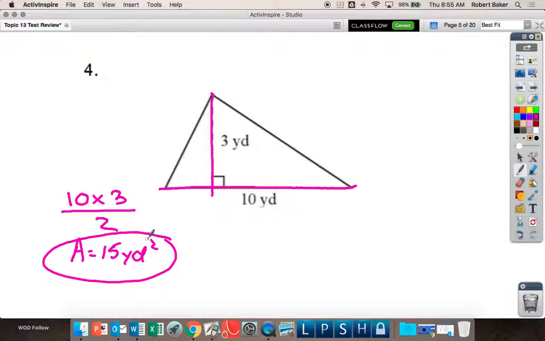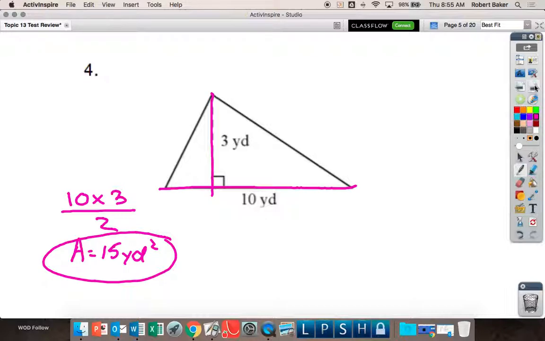So that kind of ends 13.1. That's all your parallelograms and triangles. That was last Wednesday. Any issues or questions on that particular topic?